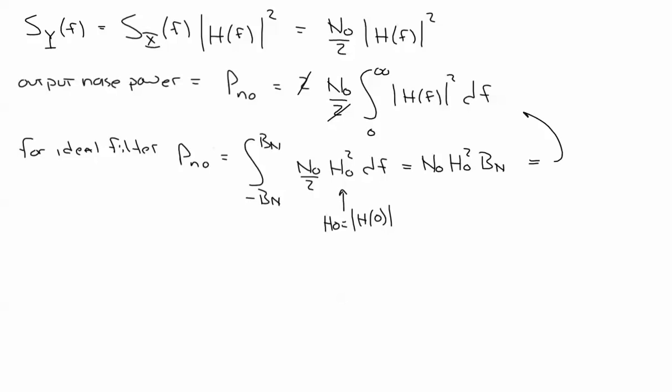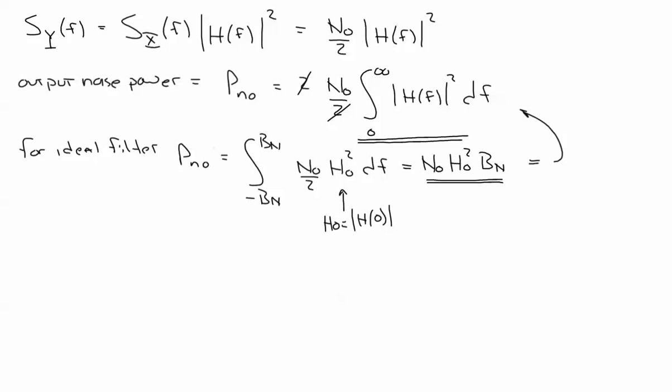And I'm going to set that equal to that. This is the power coming out of my ideal low-pass filter. I'm going to set that equal to the power coming out of my true actual filter.